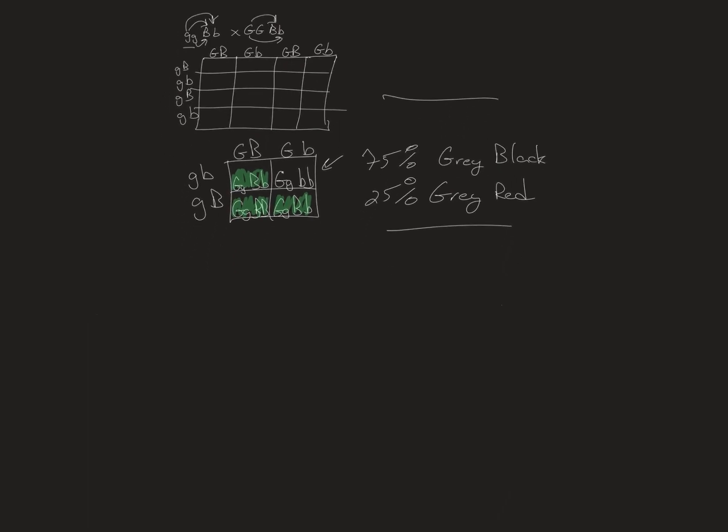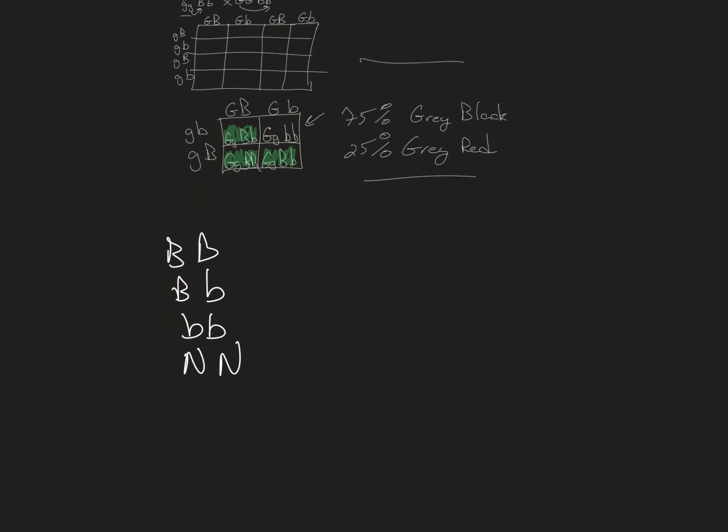All right. So the next one says you have these genotypes. Big B, big B; big B, little b; little b, little b; and big N, big N, homozygous dominant for resistance, heterozygotes, homozygous recessive. The homozygous dominant for barbs or no barbs is barbed.